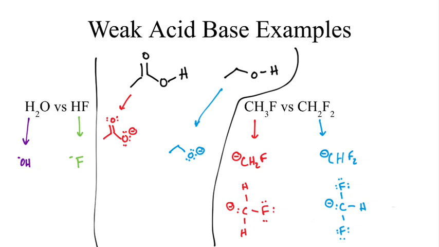Electronegativity. Is there a difference in electronegativity between oxygen and fluorine? Yes. What is that difference? Fluorine is more electronegative, which means what is it doing to the electrons? Hoarding them, making F minus more stable, which then means HF is the stronger acid. We'll box our stronger acids.